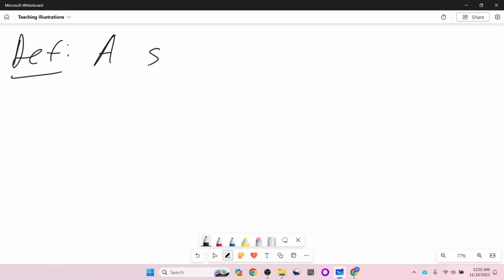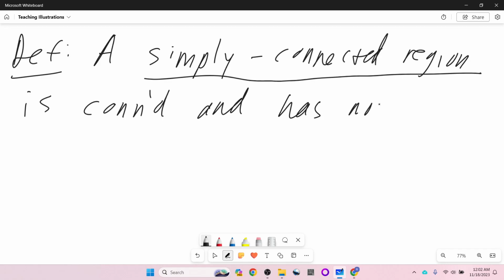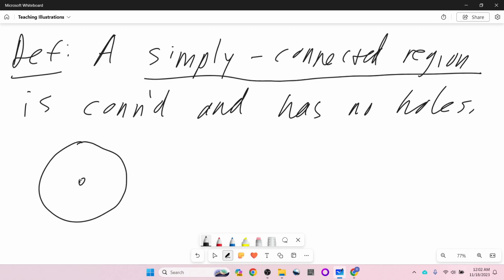A simply connected region is connected and has no holes. So something like this is not simply connected because there's a hole in the middle of it that's just undefined.